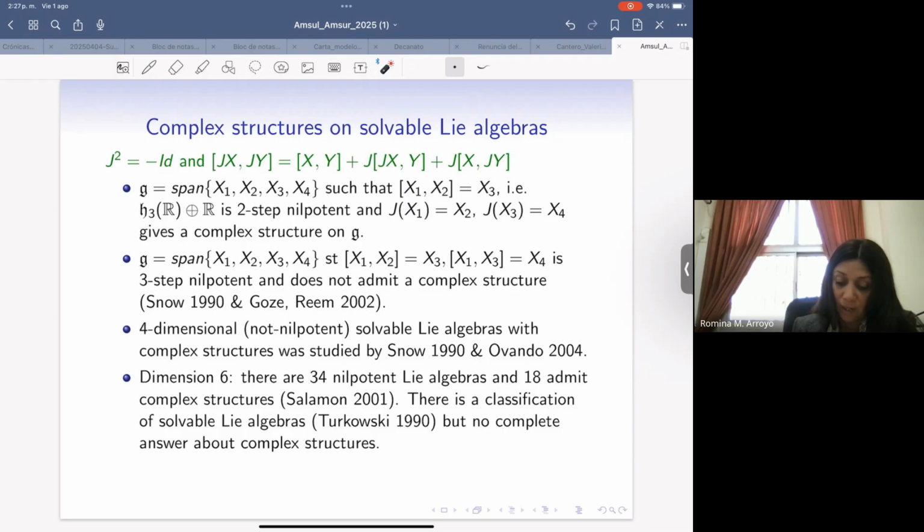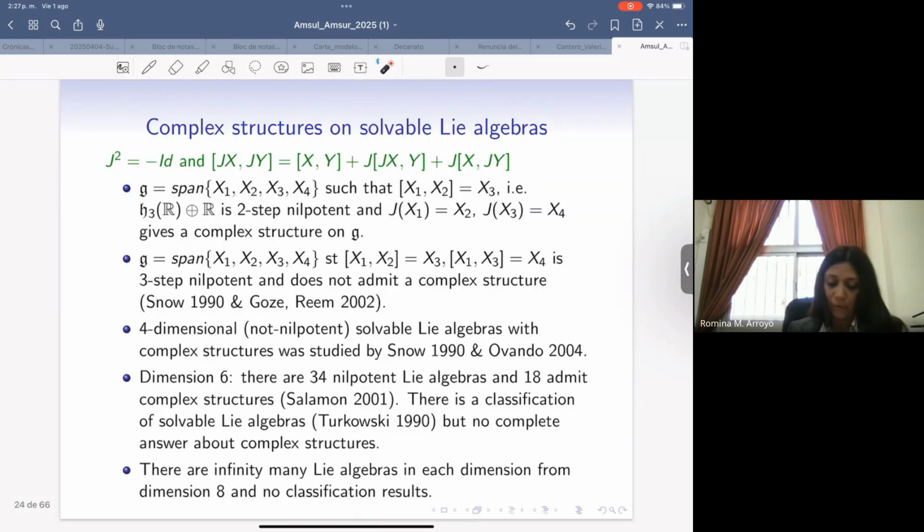When we try to analyze what happened in the solvable case, which are not nilpotent, there is a classification of the solvable Lie algebras, but there is no complete answer about complex structures. And what happens from dimension 8?